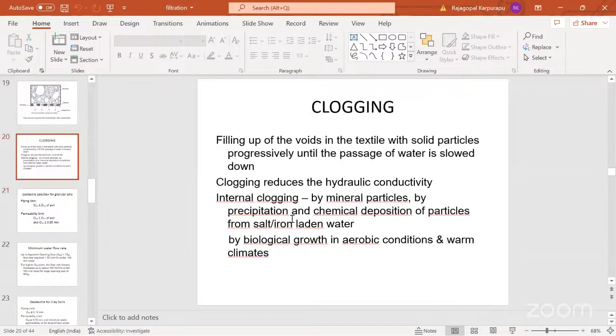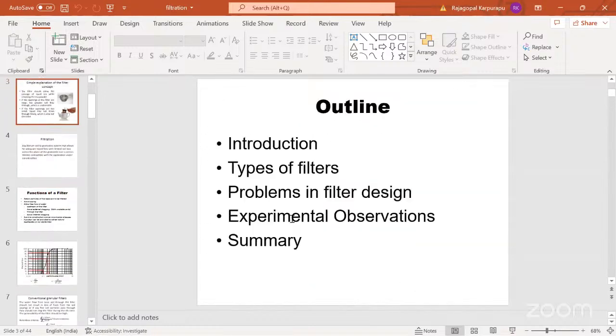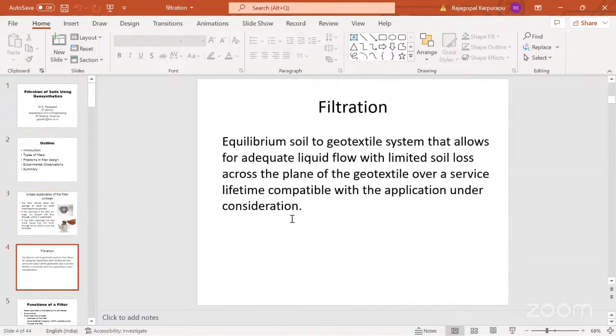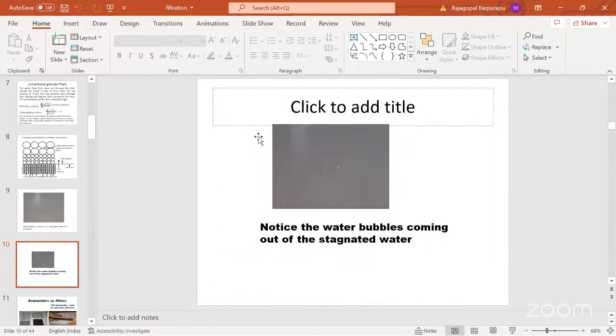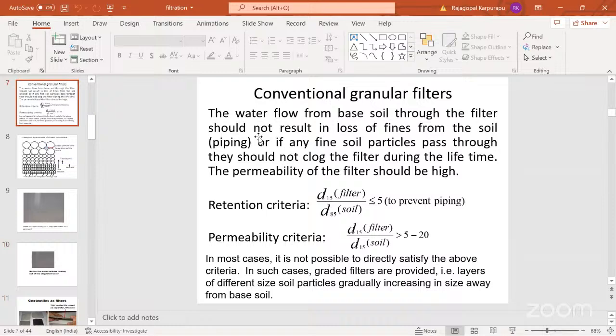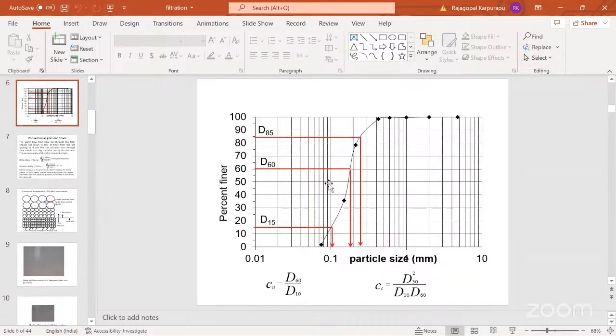D15 and all these are obtained from our grain size distribution analysis.